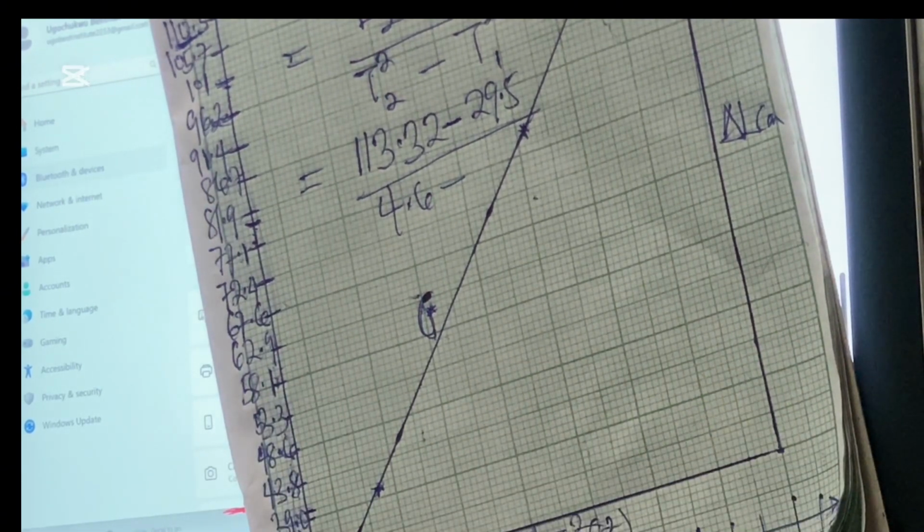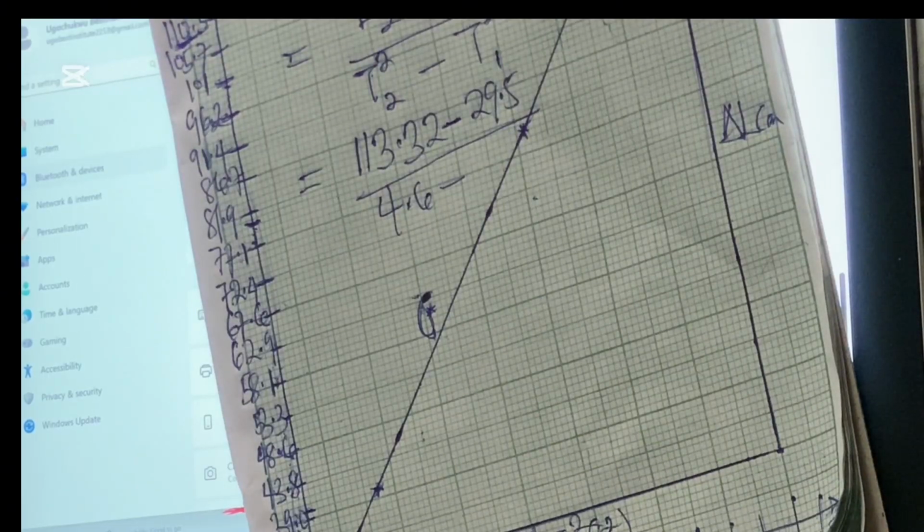How many lines here? 1, 2, 3, that is 3. 0.06 plus 0.06 plus 0.06 gave us 0.18.